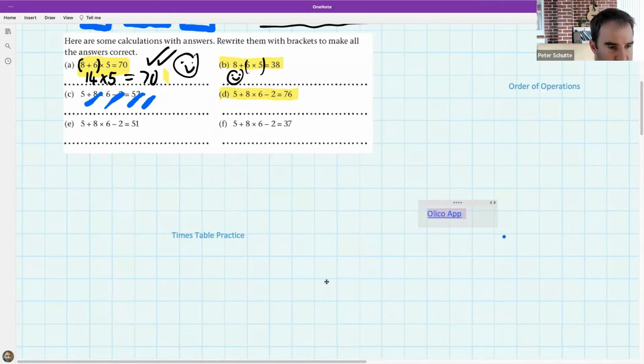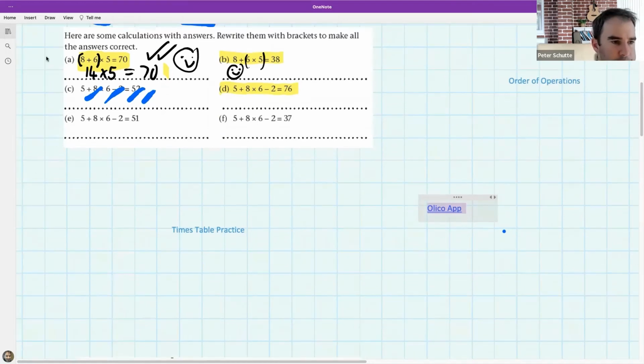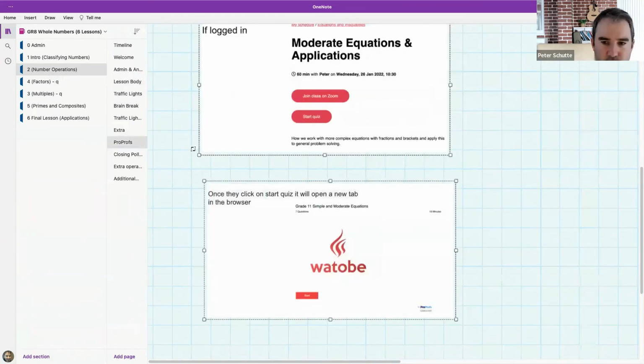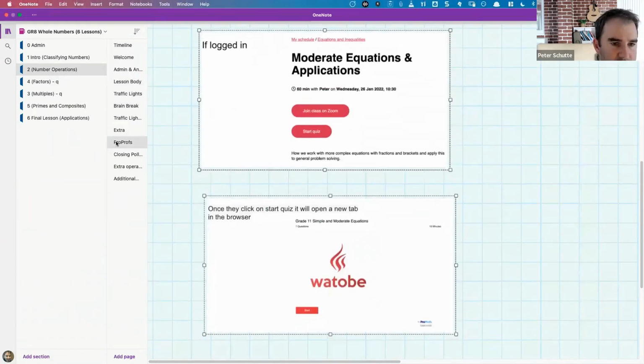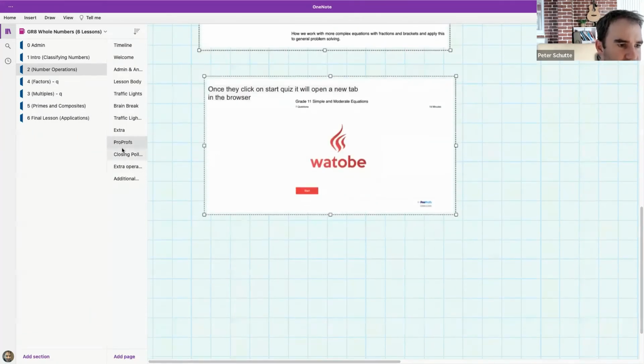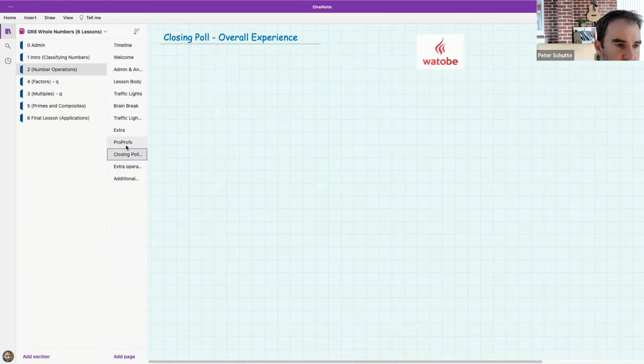Okay, so I think most of you have got the idea of the Olico app for practicing your times tables. I'll talk more about that in future lessons. But for now, I'm going to go to the quiz part of the lesson. I know it's going to be a little bit strange, but I want us to try, because it's the beginning of the year and we are just getting used to how these things work. So where have I put the link?